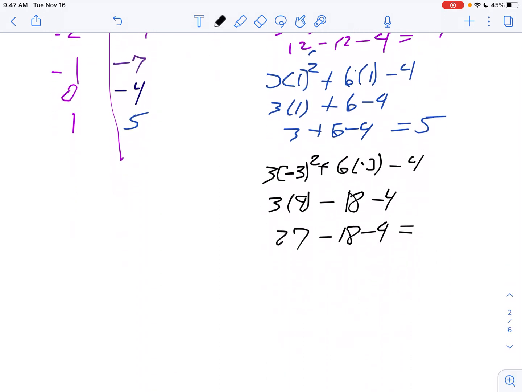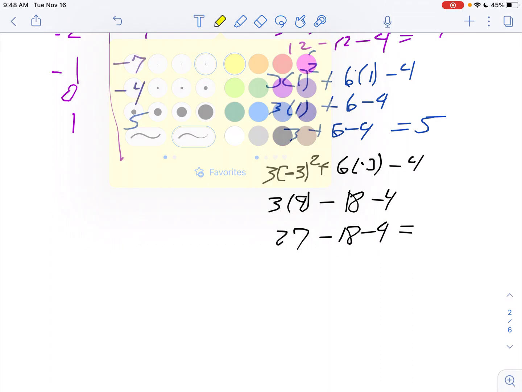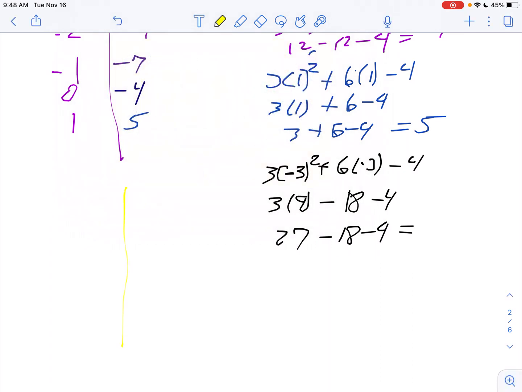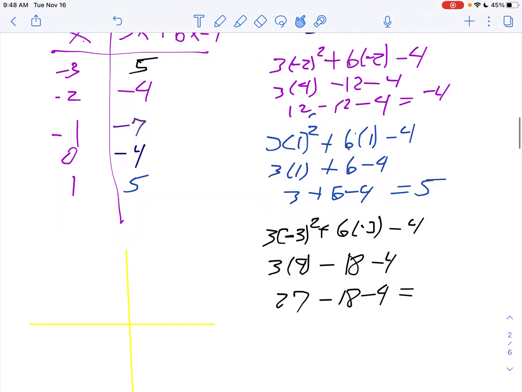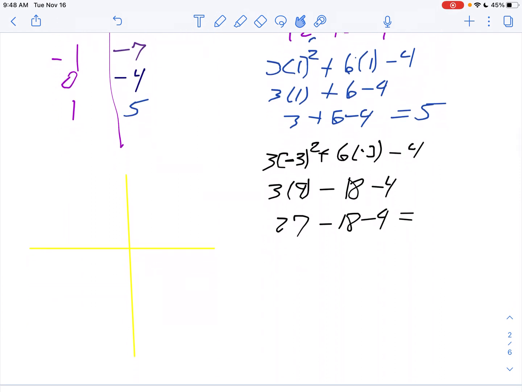So I'm going to start here. I'm going to make my graph. And I'm going to start with my vertex, which we said was at -1 and -7. So I'll go to the left 1 and down 7. So 1, 2, 3, 4, 5, 6, and 7.